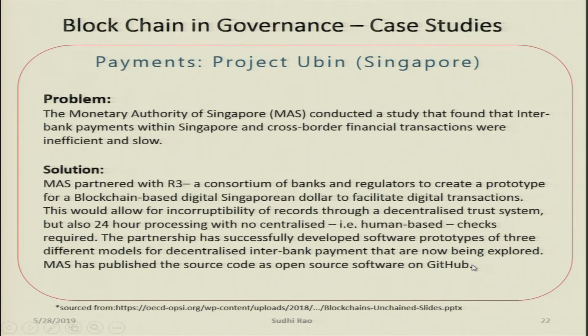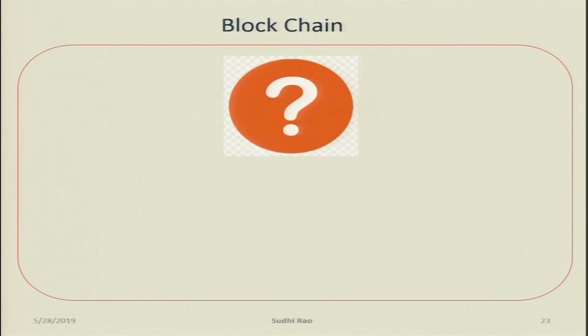GitHub is a site where people contribute their projects, and anyone can borrow them and use them. So the Monetary Authority of Singapore, a public sector organization, developed this blockchain for fintech, and as a service they have put the entire project on GitHub. If any other country wants to borrow, they can go to GitHub, take the software and implement it at a much lower cost. One more example of a public sector, public-minded project, although in fintech.